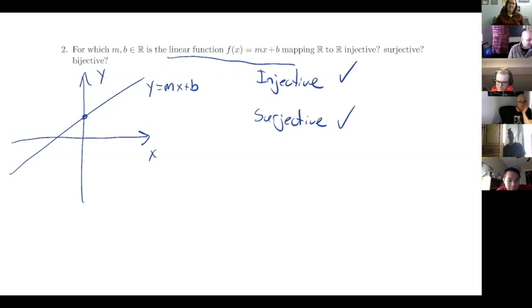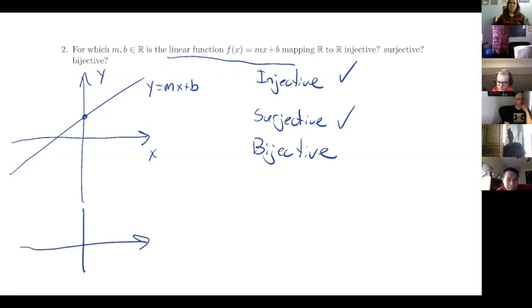So can anybody think of a value for m that would make this fail? 0. So if m is 0, then we just have a graph that looks like this. In which case, this is really the only violation.